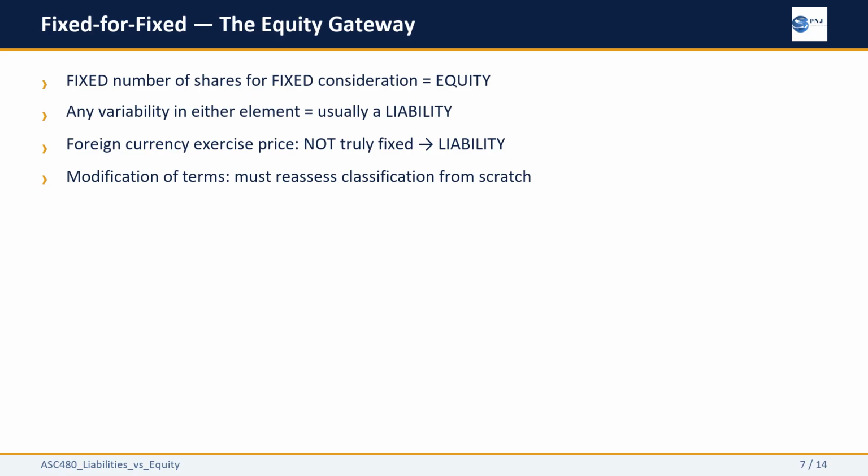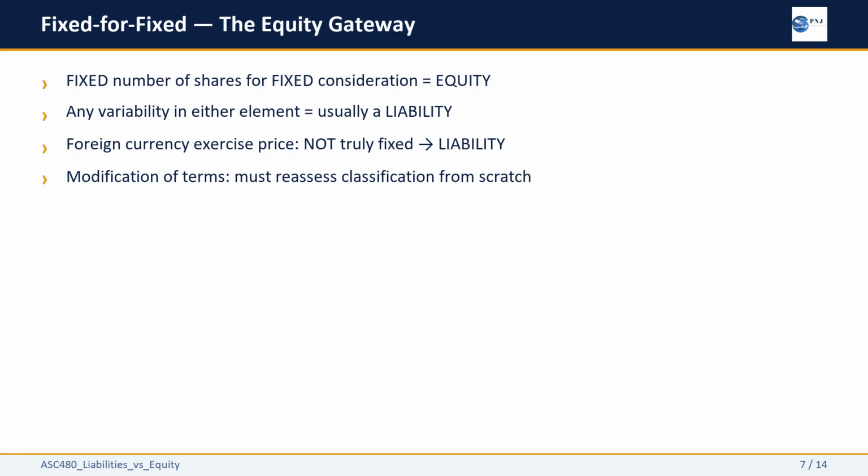The fixed for fixed principle governs equity classification. A fixed number of shares exchanged for a fixed amount of consideration in the entity's functional currency satisfies the test for equity. The moment either element becomes variable, the instrument typically fails. The most common trap: warrants with exercise prices in a foreign currency.